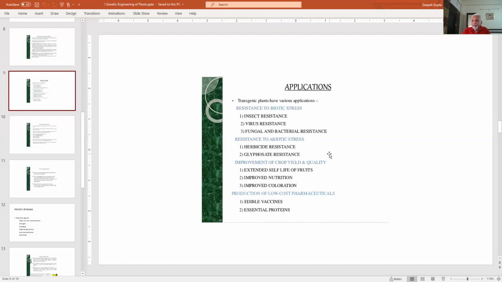And then you have, as I mentioned earlier, polymer production. So there is a whole list of things which has been successfully demonstrated using transgenic biology.